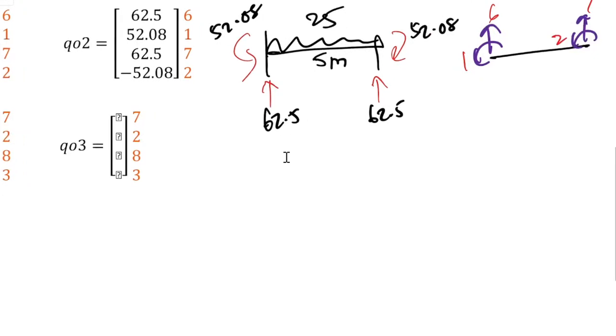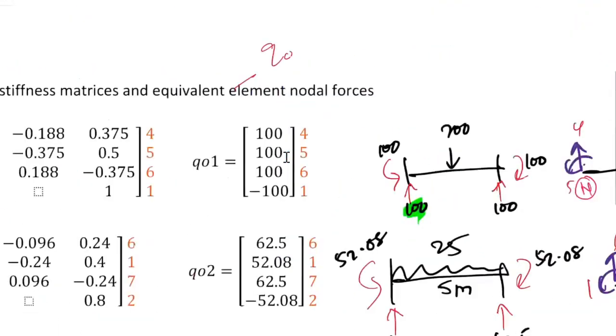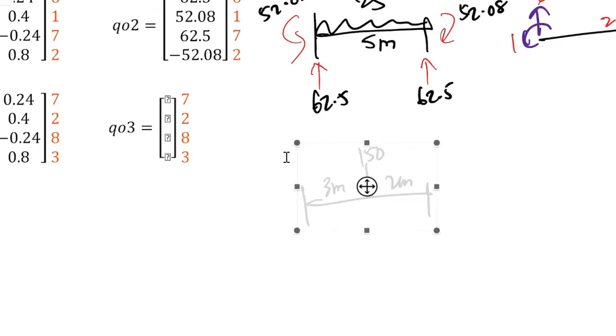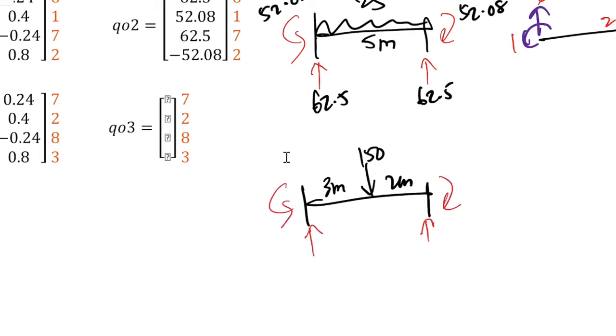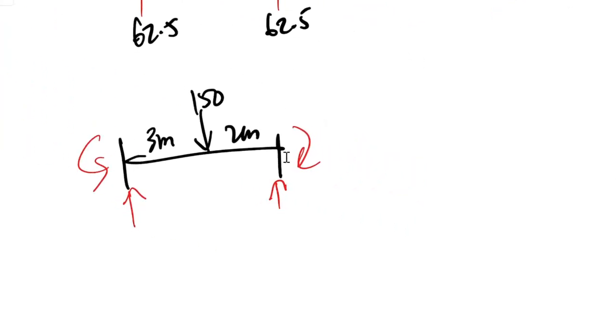Q naught 3, so we sketch the diagram first. The loading is 150, with 3 meter and 2 meter. So for the vertical value and for the moment, we check the formula.